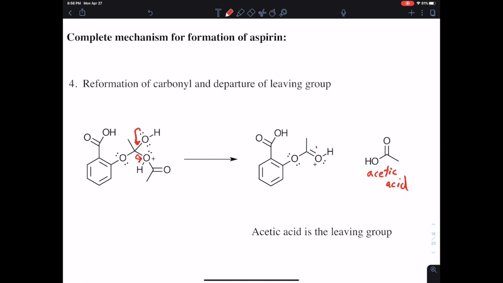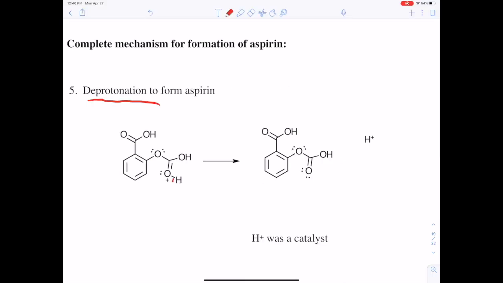And here is that new pi bond. We've reestablished the carbonyl, but we still have hydrogen on that oxygen, which has to go in the next step. And so this bond becomes a lone pair again, and we lose H+. Remember, that was a catalyst. So a lot of times we just show H+ hopping on and off things. Probably something takes it, like water. Water might come in and grab that, becomes H3O+.